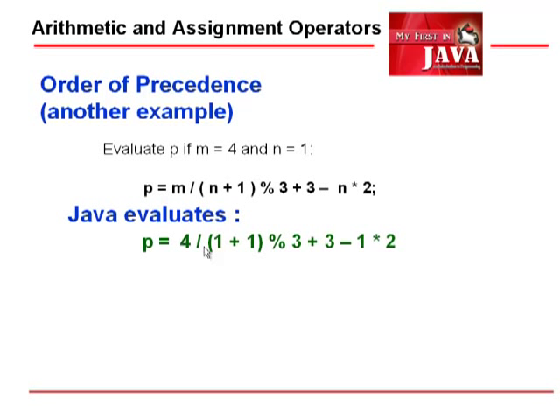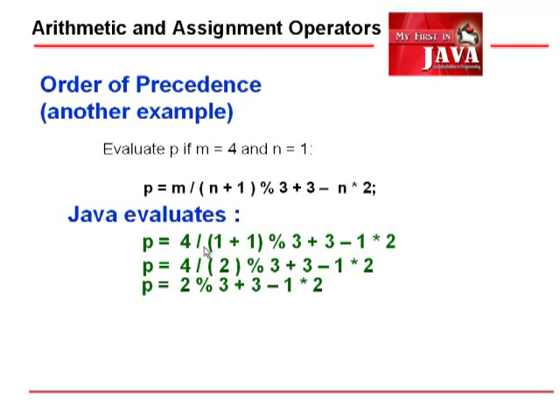So we substitute. What do you think would be the first thing evaluated? Of course, the parentheses. So we have actually 4 divided by 2 modulus of 3 plus 3 minus 1 multiplied by 2. Next, what would be evaluated? Of course, left to right, so division would be next. So we will have 2 modulus of 3 plus 3 minus 1 multiplied by 2. The next step that Java will evaluate would be 2 modulus of 3, because it's left to right.